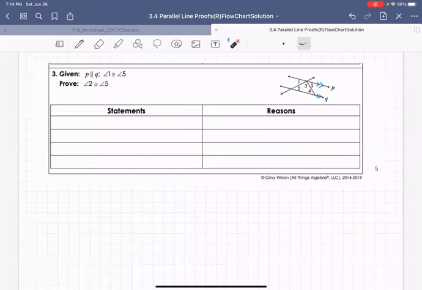Albert, let's go ahead. P is parallel to Q. Good. And we do the flowchart, okay? P parallel to Q. You write down given here. Next.